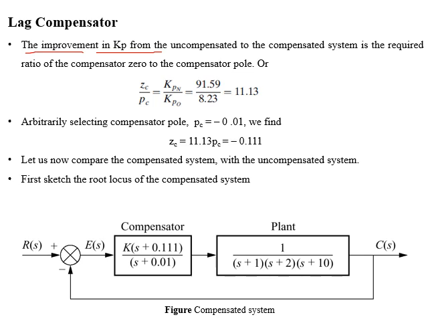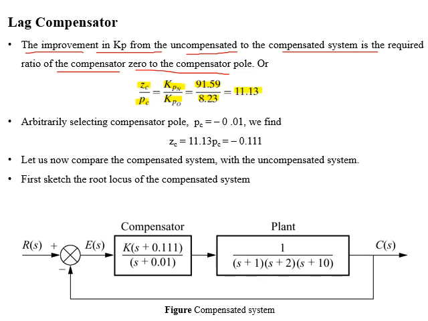Now the improvement in static error position constant for this case, the ratio of static error constant from compensated to uncompensated one, will be equal to the ratio of compensator zero to compensator pole, or we can say that 91.59 divided by 8.23.